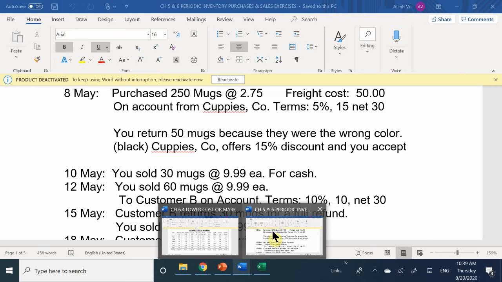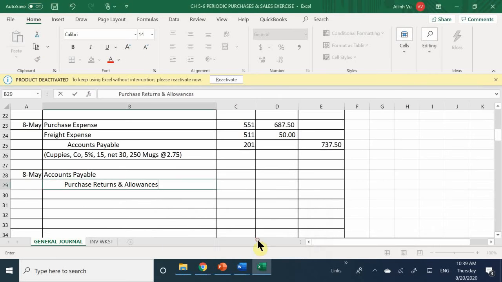So we left off here that we're trying to attempt to return 50 mugs because they were the wrong color to Cuppy's Co. And they offered us a 15% discount and we accept it. So let's go ahead and journalize this. We already laid down our foundation that we're going to decrease the amount that we owe. So here we have accounts payable as a debit, and that account is number 201.